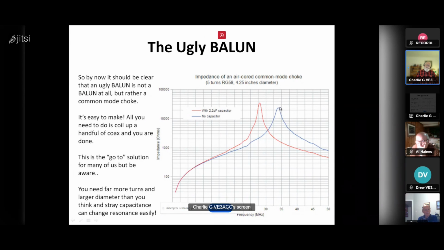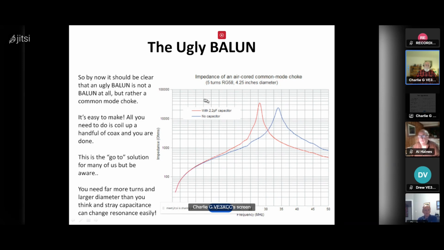The red line is 2.2 picofarads of stray capacitance, which you can get by putting your hand close to it, right? And it's pulled the frequency down here, darn near 10 meg, right? Maybe more.